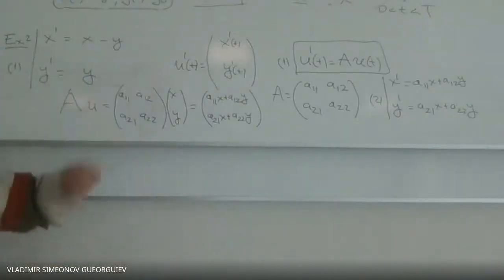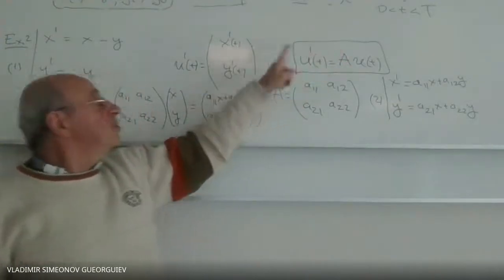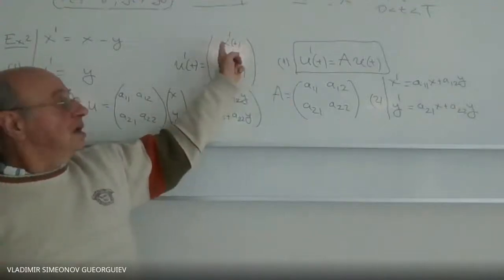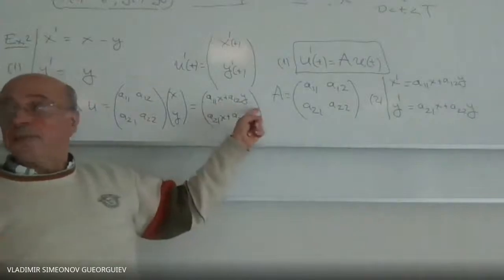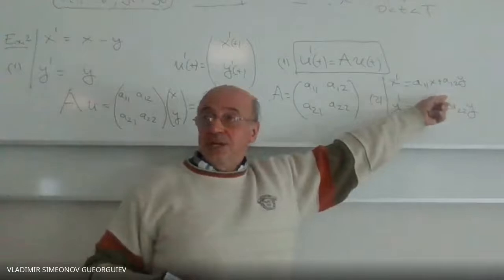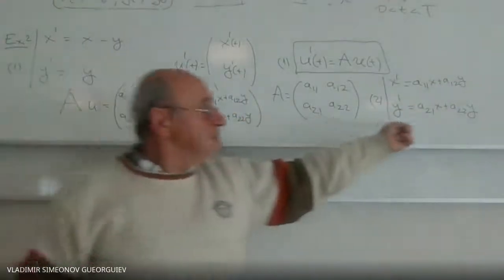Now, if I look at the first line, what is the first line? x prime on the left. What is the first line on the right? This is this, and I take x prime equal to this. It is written here. Similarly, the second line is our second line.